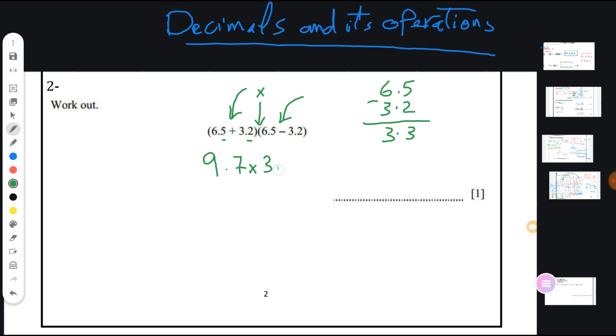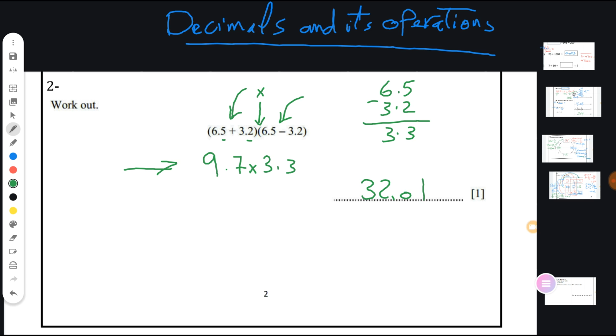So it will be multiplied by 3.3. You must write this step because this is your workout, okay? Even if you use the calculator, okay? Then, multiply them together, you'll get the number by using the calculator. Actually, 32.01, which is the last answer, okay?